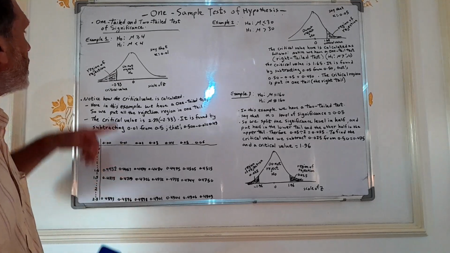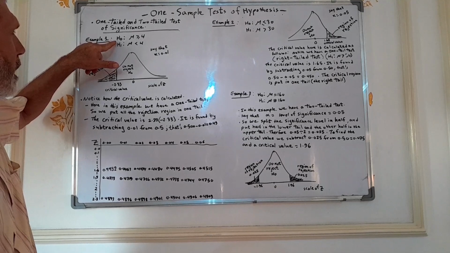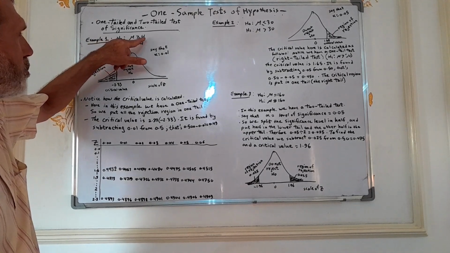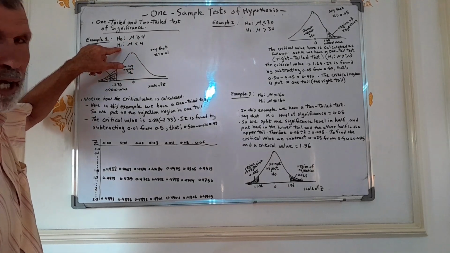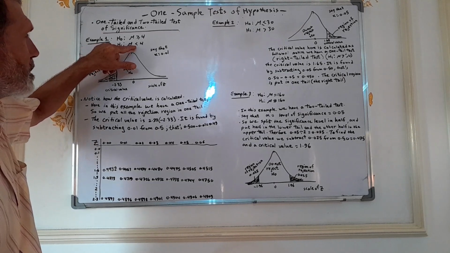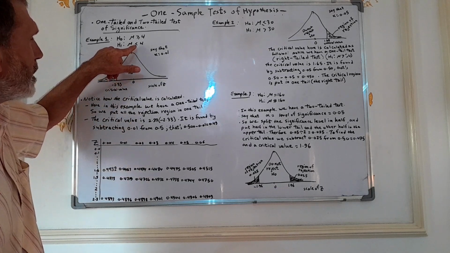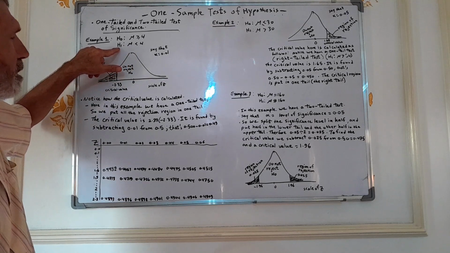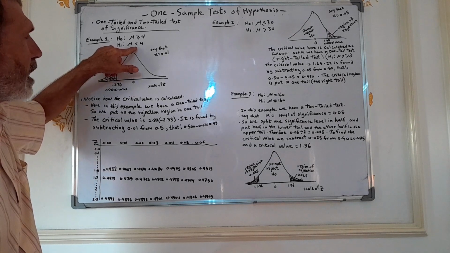Of course, example 1, we said the null hypothesis H sub 0 is mu greater than or equal to 4, and H sub 1, the alternative hypothesis, is that mu is less than 4. So here, as you can see, we look at the inequality in the alternative hypothesis, which is less than.